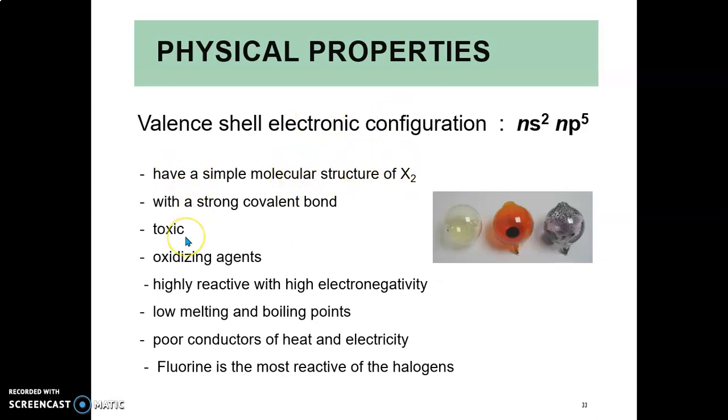The halogens are toxic, oxidizing agents, and highly reactive with high electronegativity, with low melting and boiling points. Halogens are poor conductors of heat and electricity. Fluorine is the most reactive of the halogens.